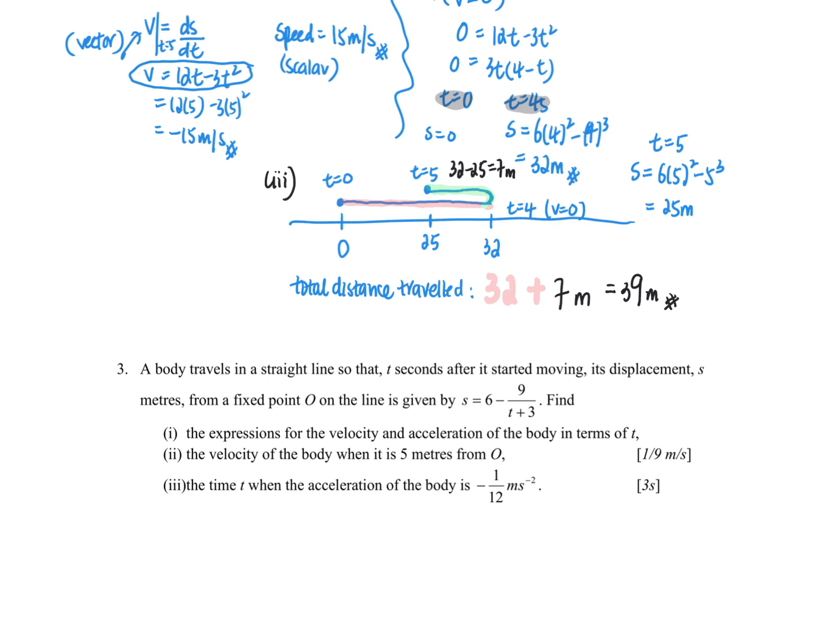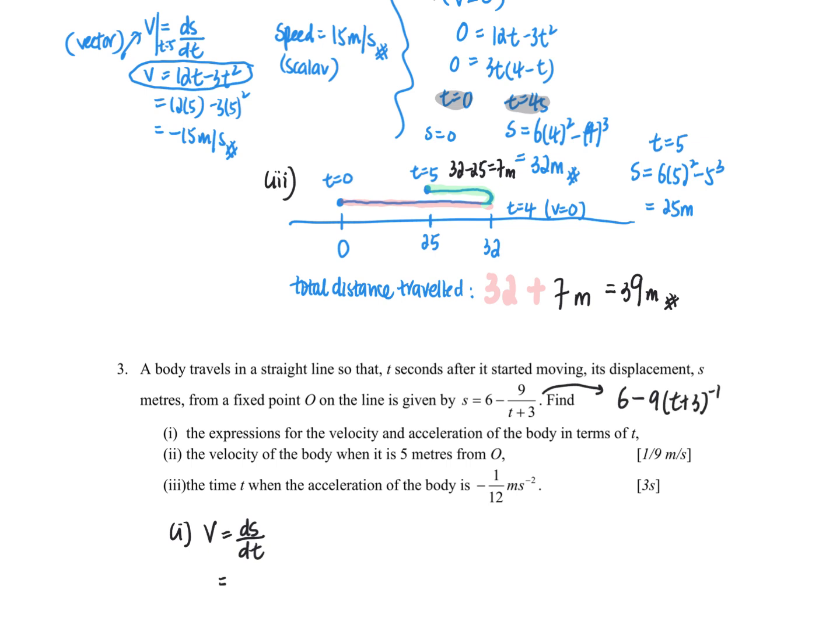Question 3 again, they give me displacement. Then they say, can you find the expression for velocity and acceleration and leave it in terms of t? So how to find v? V is just differentiate your s one time, right? So this one, rewrite it such that it's very easy to differentiate.